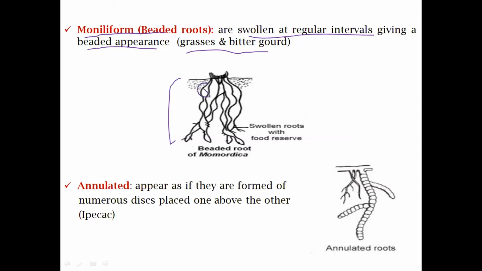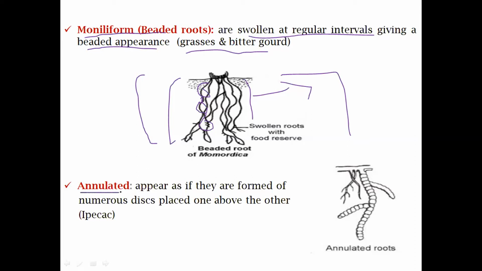This is the swollen part, and this is the non-swollen part. This again is a swollen part. This is another swollen part. So at regular intervals it becomes swollen, and it looks like a beaded structure. And these are known as beaded roots, found in grasses and bitter gourds.